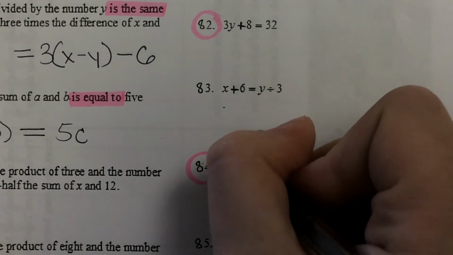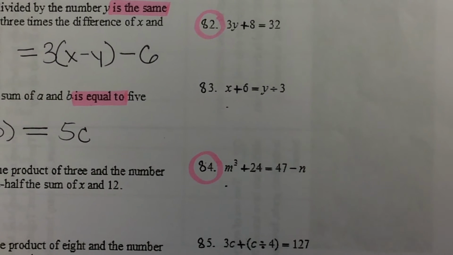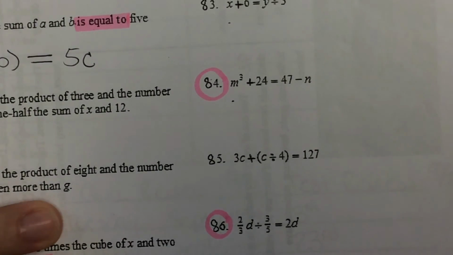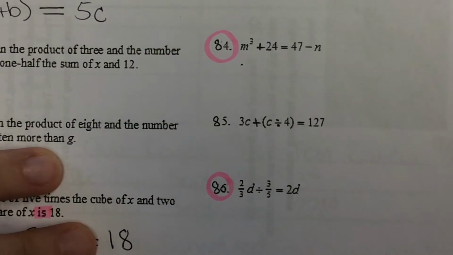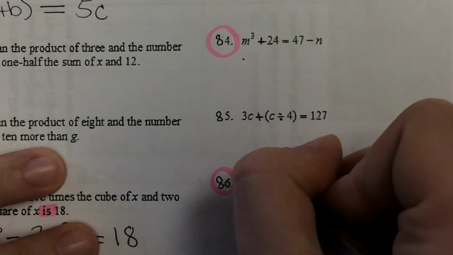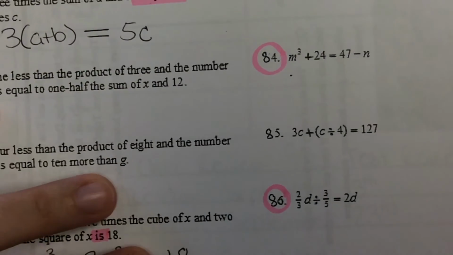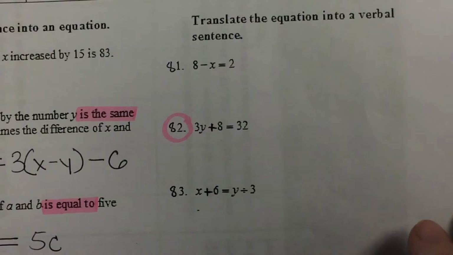Let's say in 84 that this is plus, and then in 85, this is going to be 3c plus, but inside of your parentheses, that should be division. Some of these are even hard for me to decipher, so I'm just picking one, to be honest with you. And then in 86, I'm going to say that that's also division. Hopefully that'll help you. Let's go back up to 82.